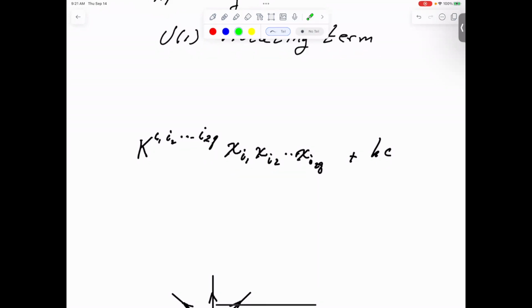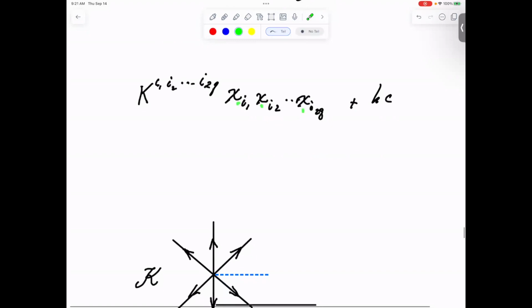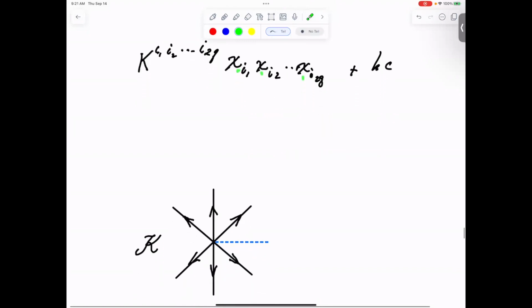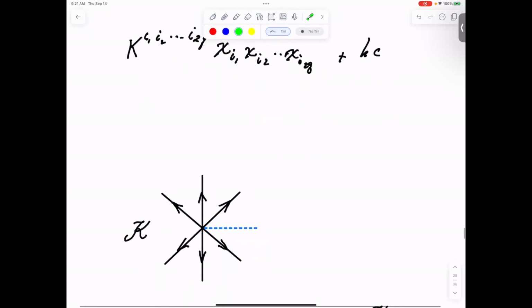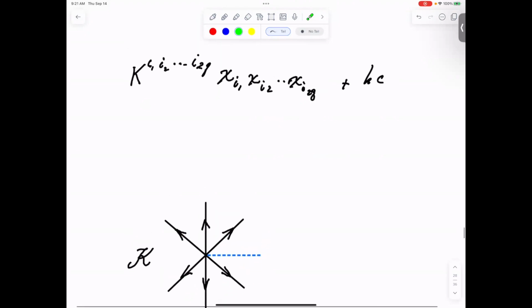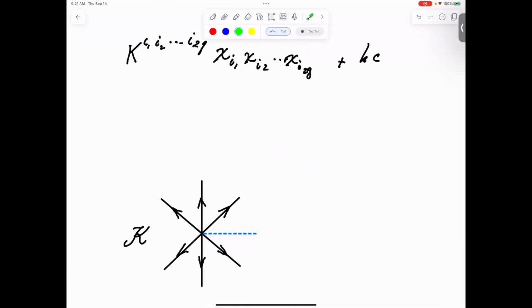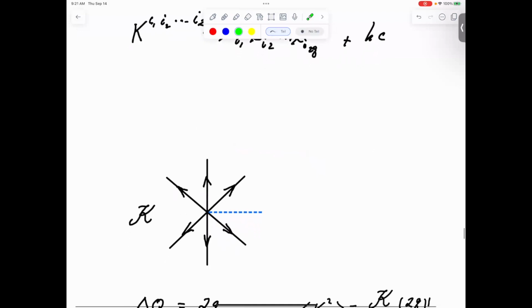This clearly breaks the U1 symmetry. It breaks it a lot. I'll explain why in a minute. But there are graphs associated with this, vertices associated with it, and the vertices have all of their lines either going out or coming in. The dotted blue line is associated with the ensemble average over K. We'll imagine an ensemble average over K as well as J.